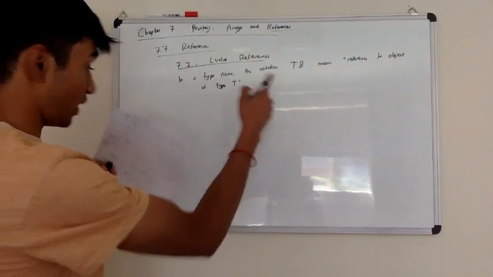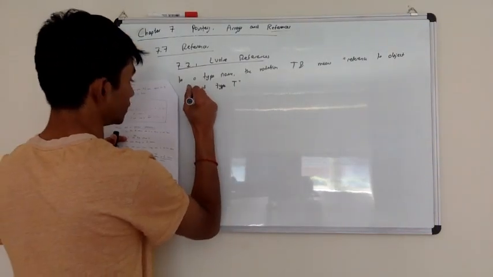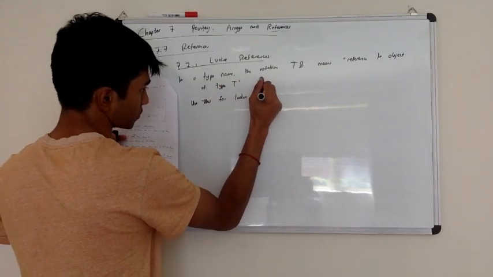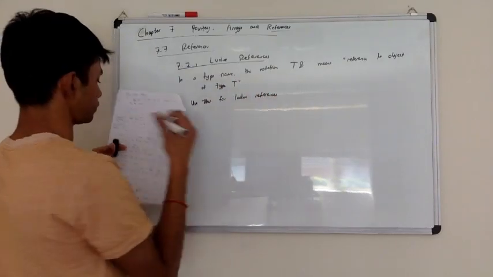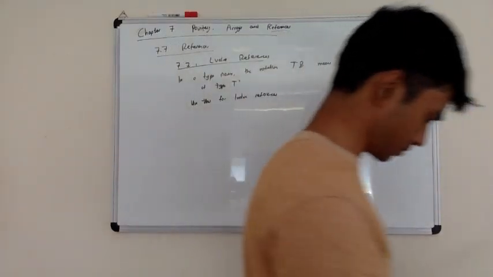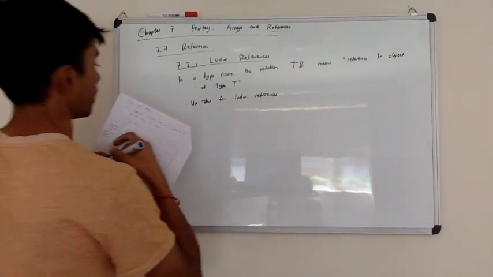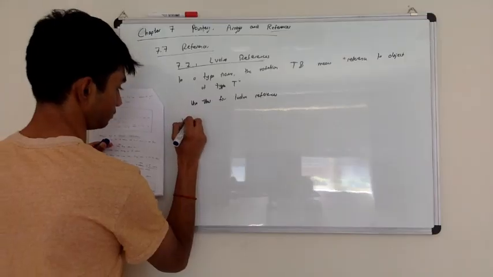Now, with one ampersand, T and then one ampersand, we use this for Lvalue references specifically. So I have a bit of an example. Imagine you have a function, void f.